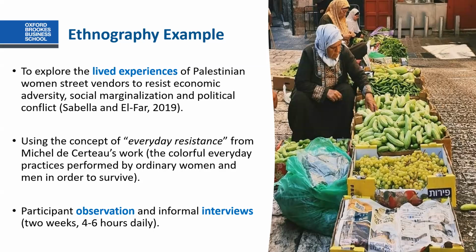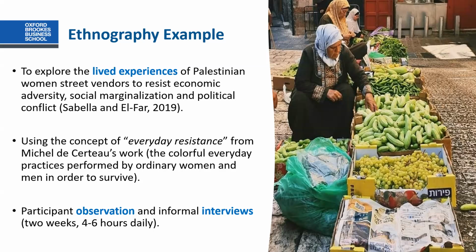So they took this concept, everyday resistance, and went to the field and conducted their fieldwork in an open-air marketplace in Jerusalem, where they observed 15 Palestinian women street vendors who come from neighboring villages and were present almost every day.